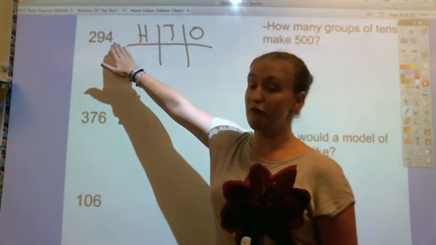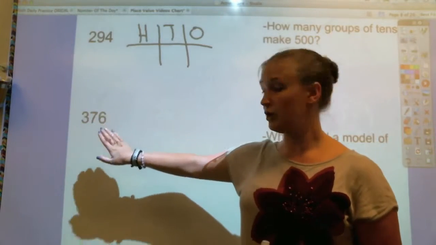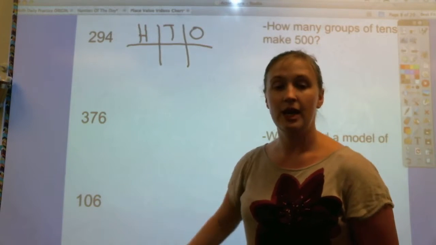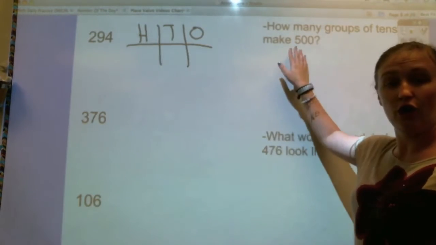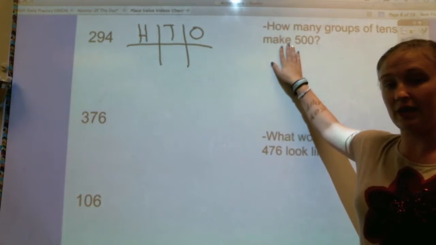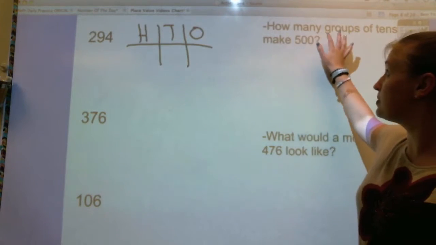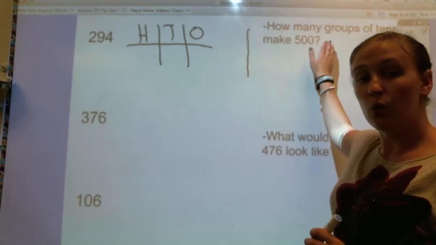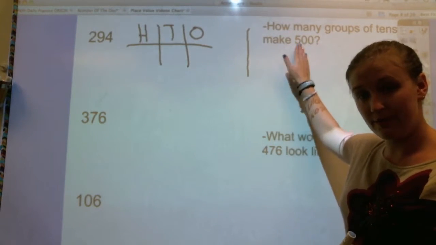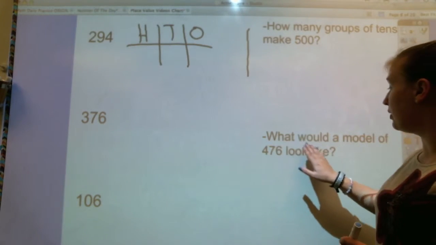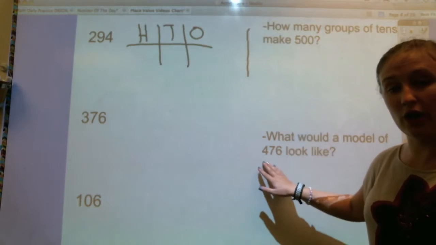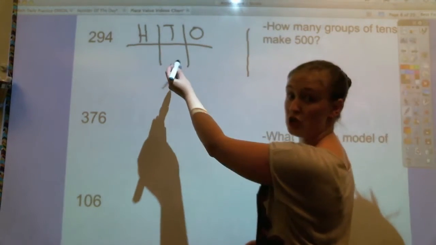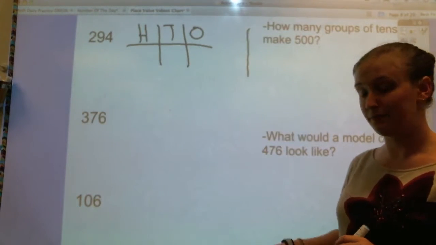So you need to do that for 294, 376, and 106. Then see if you can answer our two problems from the beginning of the lesson. How many groups of 10, I know that it's a long, will make 500? And what would a model of 476 look like? Remember to use the strategy we have practiced today.